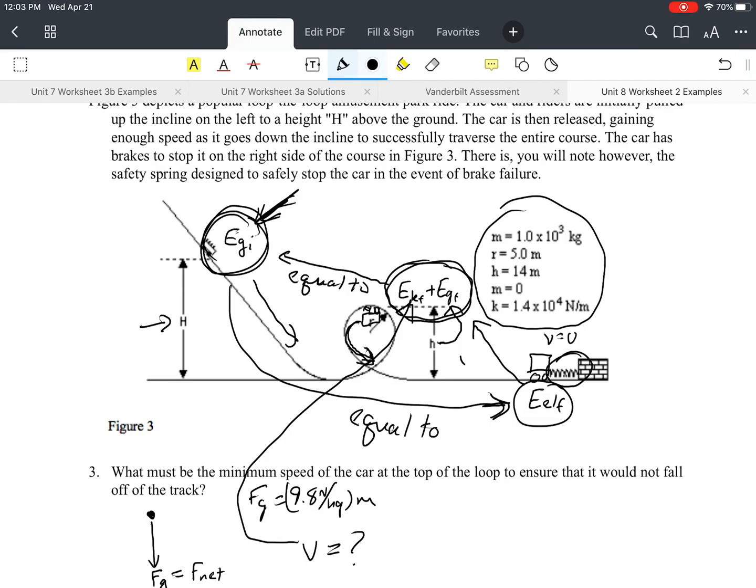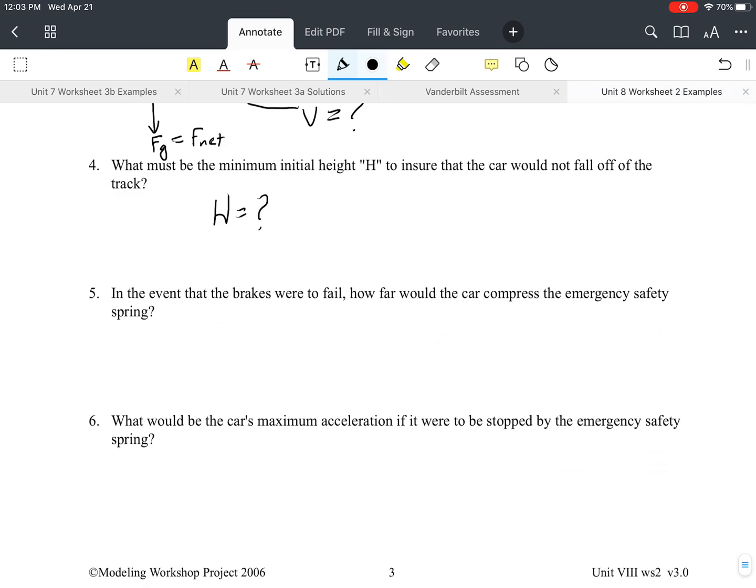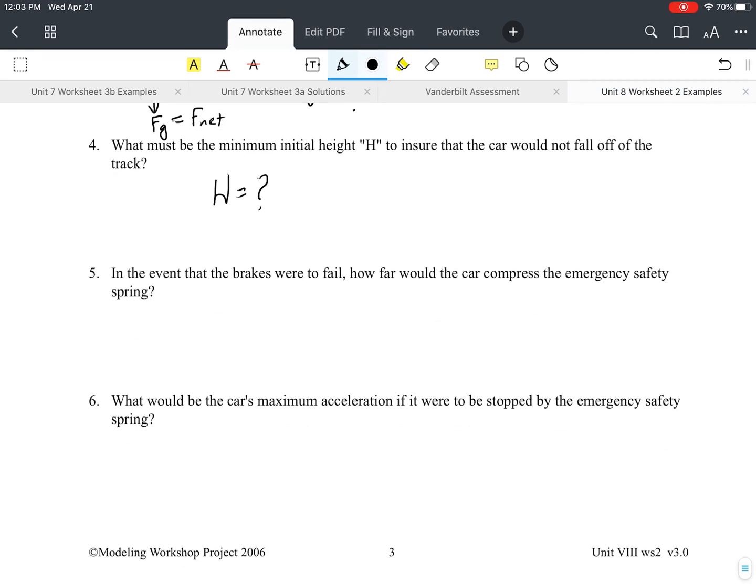So all of these energies are equal to each other, and so we can find how much elastic energy there is in that spring when it's compressed, and then we can figure out how far it has been compressed, because we know that elastic energy is equal to 1/2 k, which is the spring constant, times x squared.